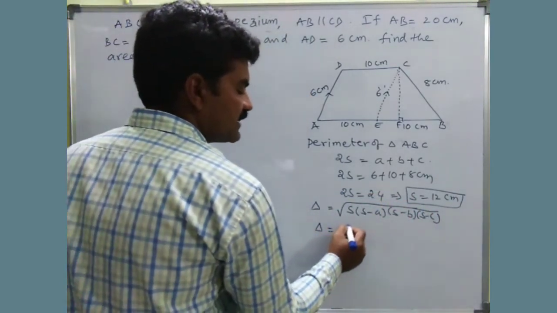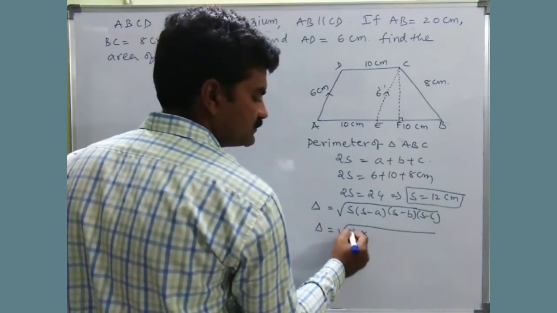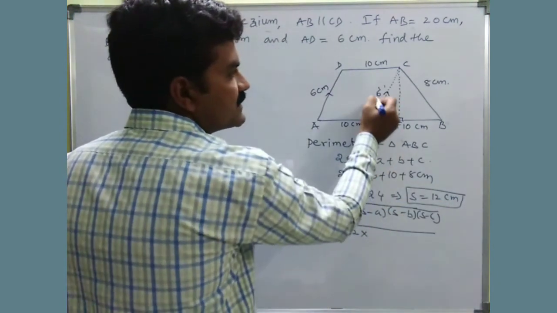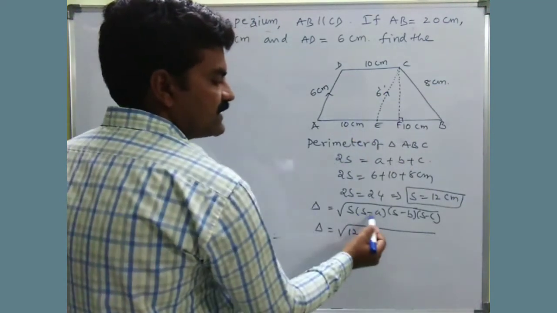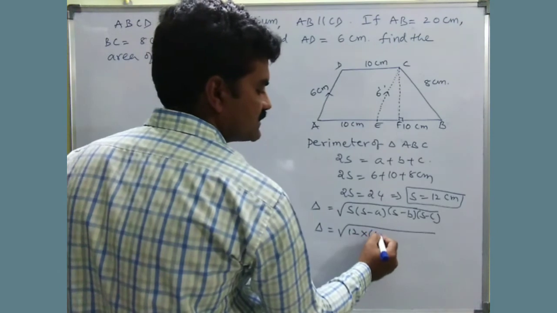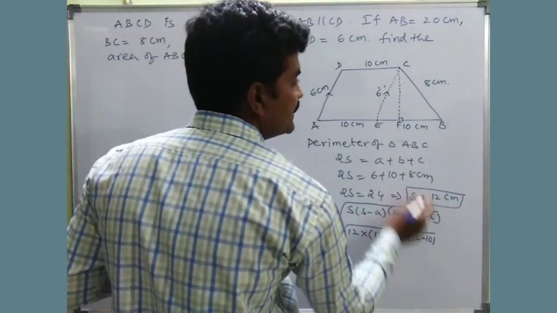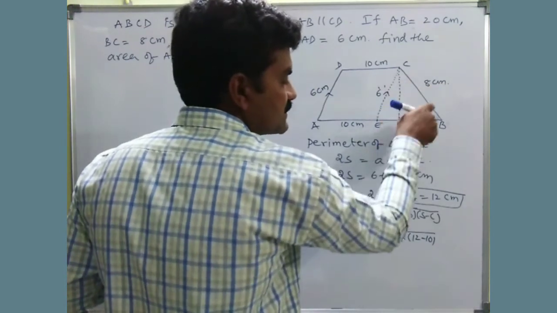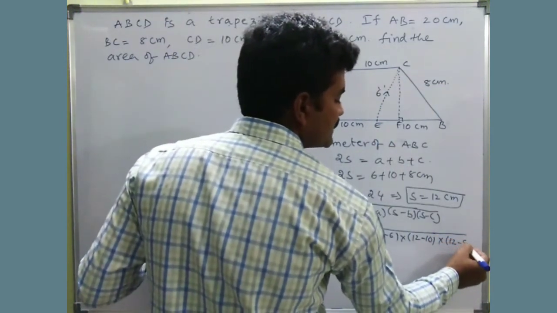Hence the area of this triangle: just now we got s as 12, and these sides a, b, c are 6, 10 and 8. So s minus a, what is this? 12 minus 6 into 12 minus 10 into 12 minus 8.